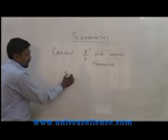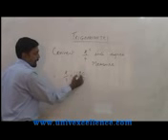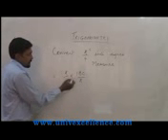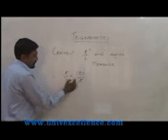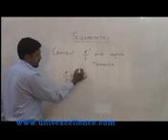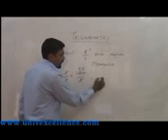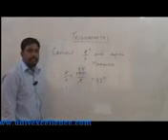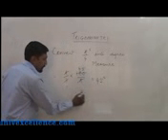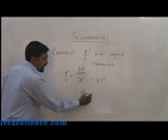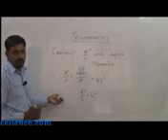Pi by 4 multiplied by 180 upon pi. After cancelling pi, it gives 45 degree. So pi by 4 radian is 45 degree. Right?